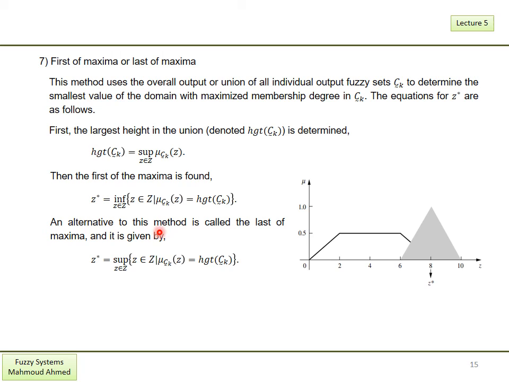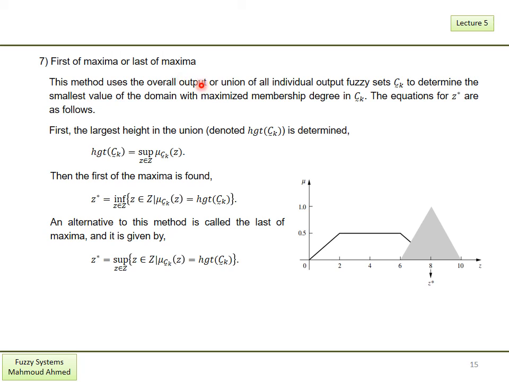The last method, which is the seventh method, we simply consider only the maximum value for a given membership function, and if this maximum value is represented with a constant value represented by a line, for example, we consider the first of maximum and the last of maximum.